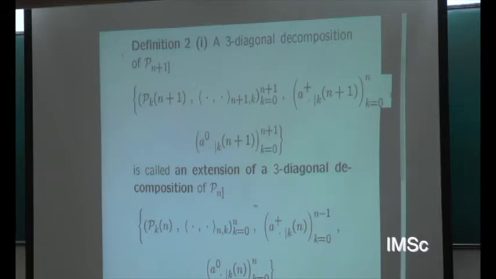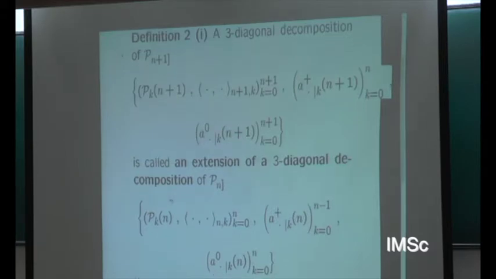So we start from a three-diagonal decomposition of p, the polynomials of degree less than or equal to n. And we want to say when such an object, a three-diagonal decomposition of the polynomials of degree n plus 1, is an extension of this.